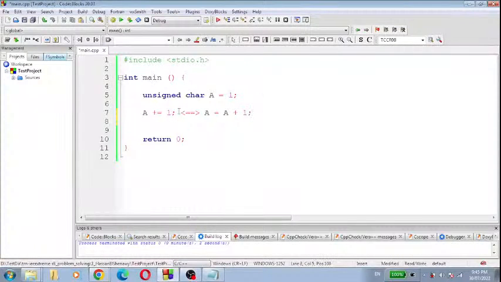Also it's true when I write A bitwise or equals something like 1 shifted by 5. This is equivalent to writing A is equal to A or with this mask.